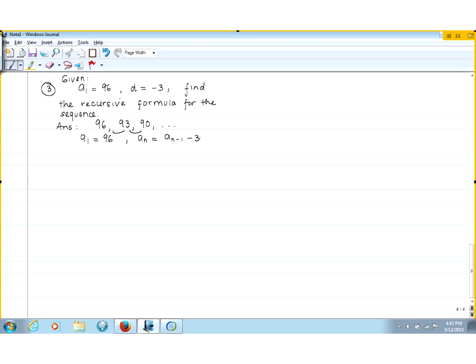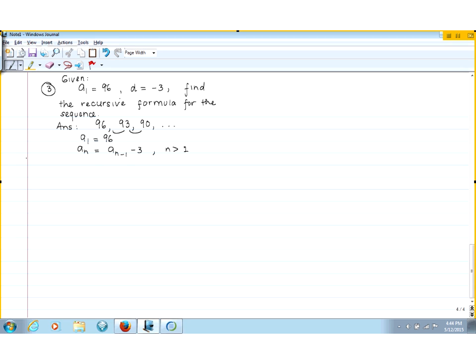You subtract by 3, right? AN minus 1 minus 3. This is true for n greater than 1. So maybe I'll write it here on the second line: AN is equal to the previous term minus 3, and this is true for n greater than 1.